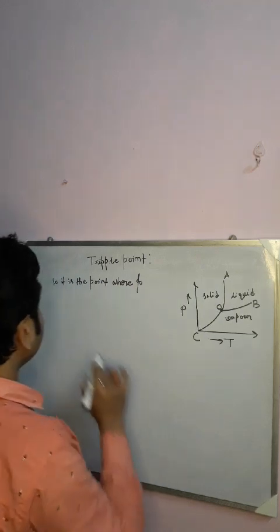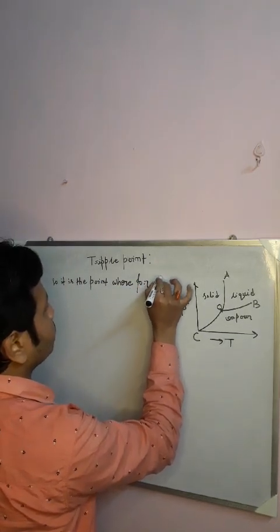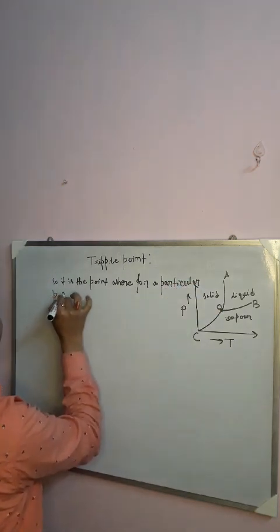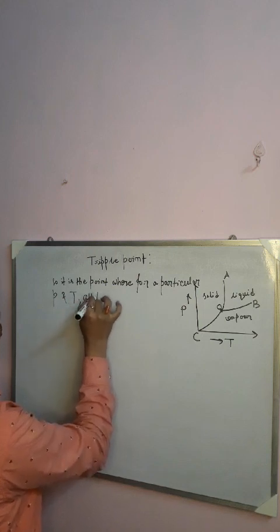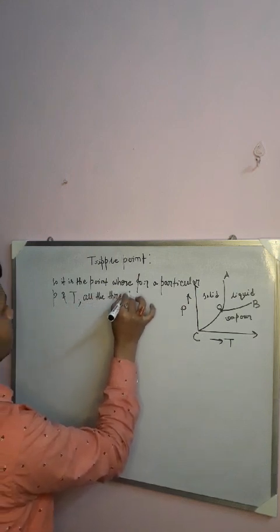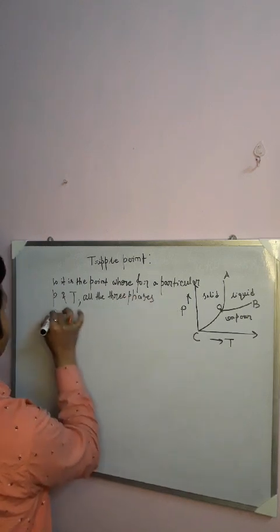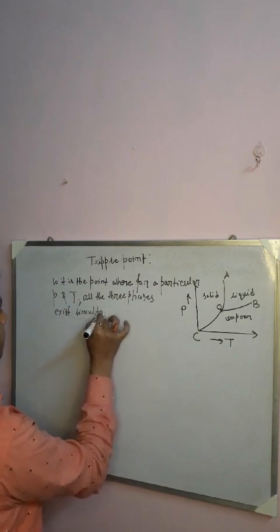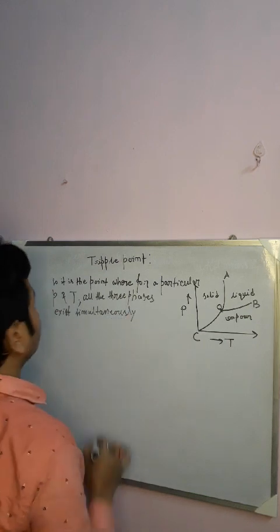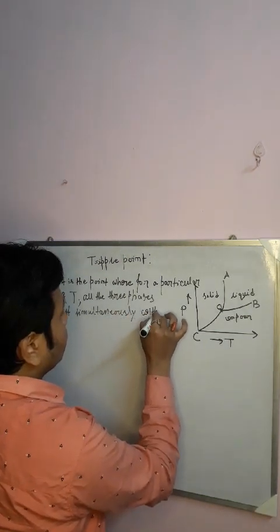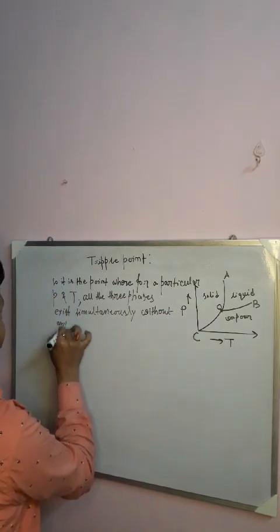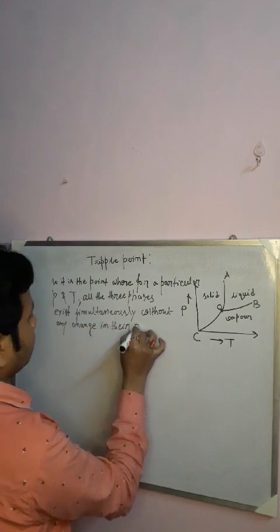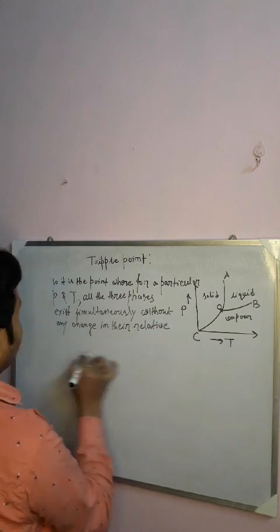Okay, so it is the point where for a particular pressure and temperature all the three phases exist simultaneously without any change in their relative proportion.